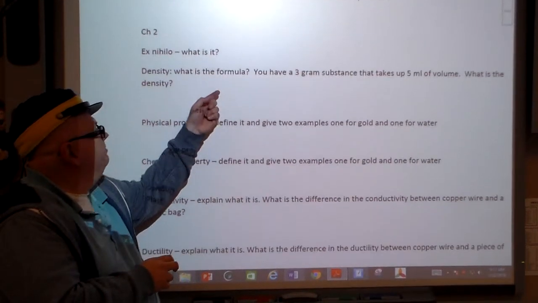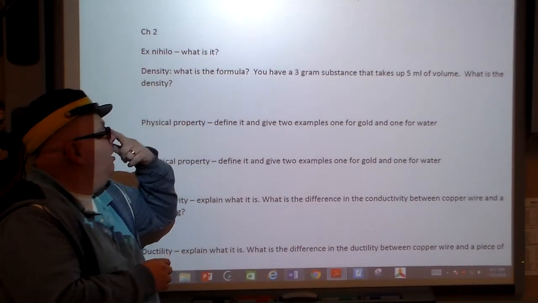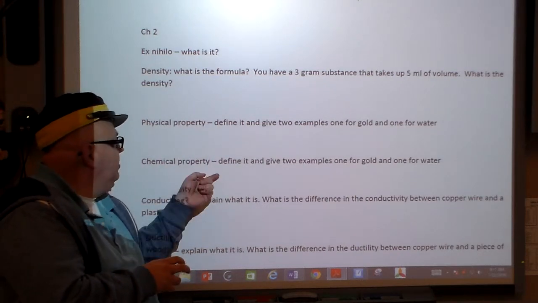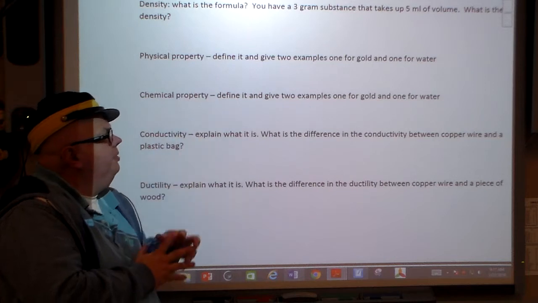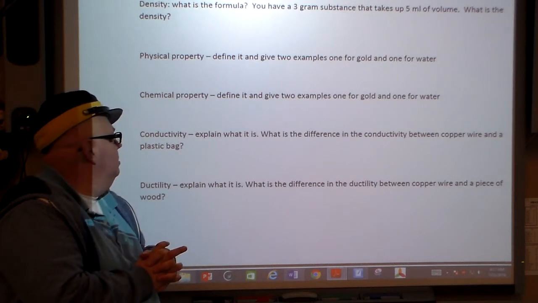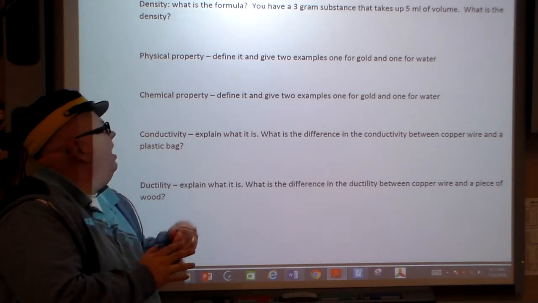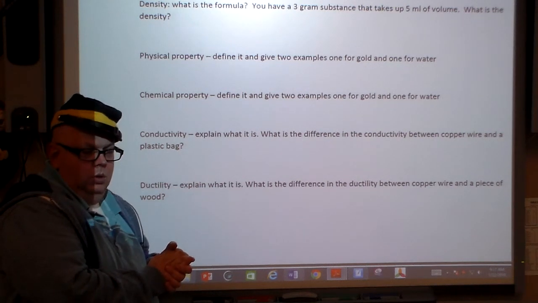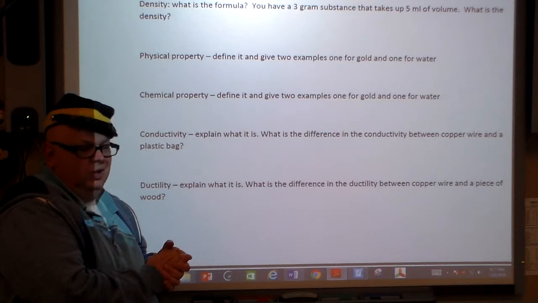Let's move on here. Chapter 2, ex nihilo, look it up in the notes. Density, we've already talked about that. Physical properties, chemical properties. A physical property of gold is that it's colored yellow. Water is colorless.